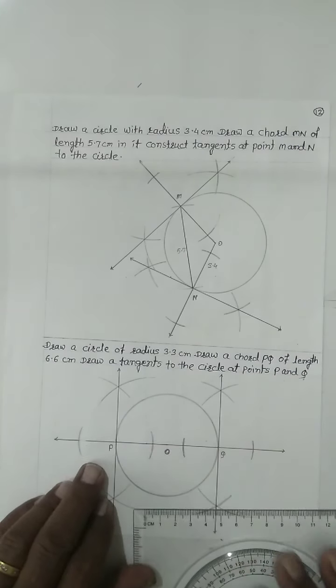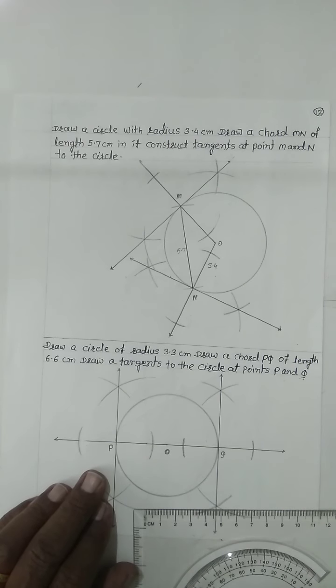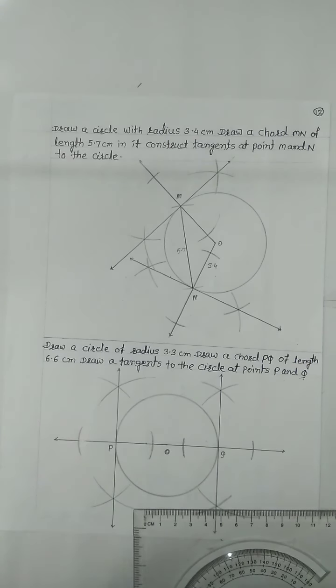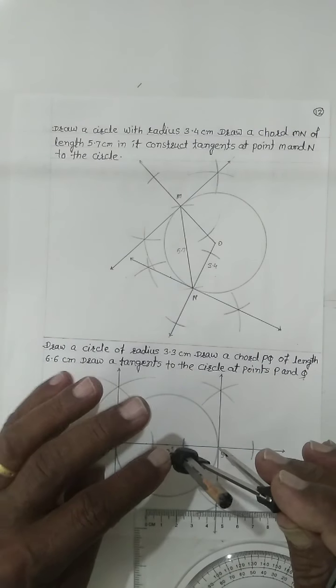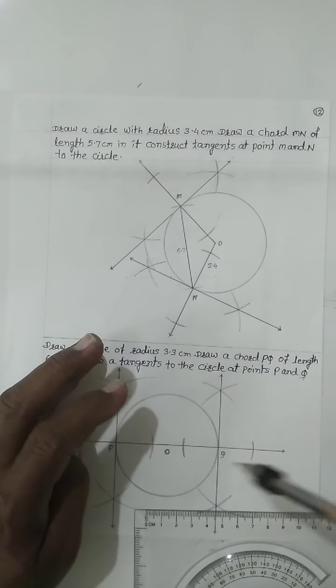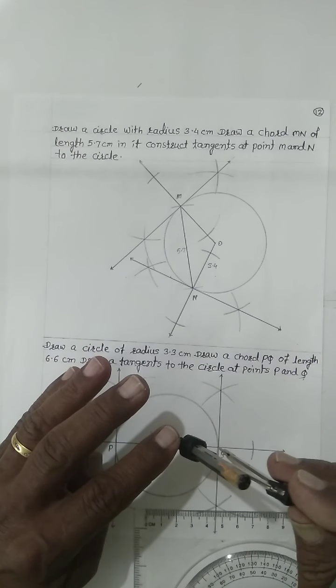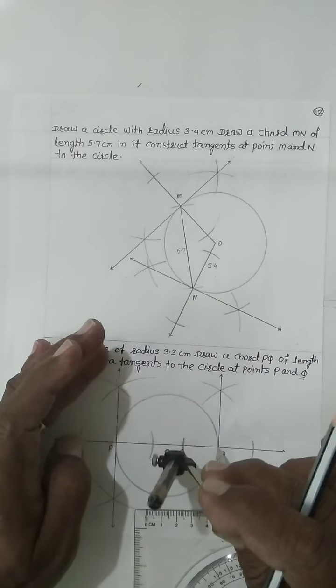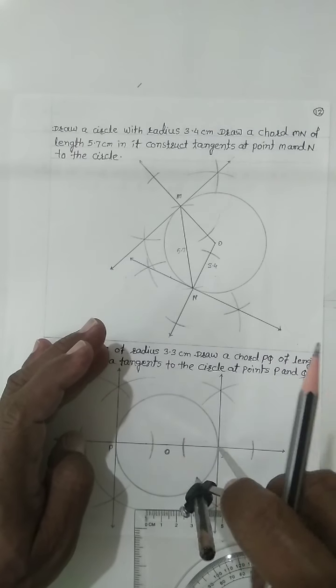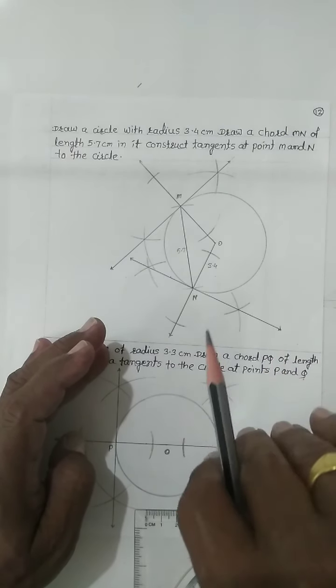Now firstly draw the PQ 6.6 cm, then take some distance between these two terminals of the compass and draw the arc on the opposite side of the Q point.